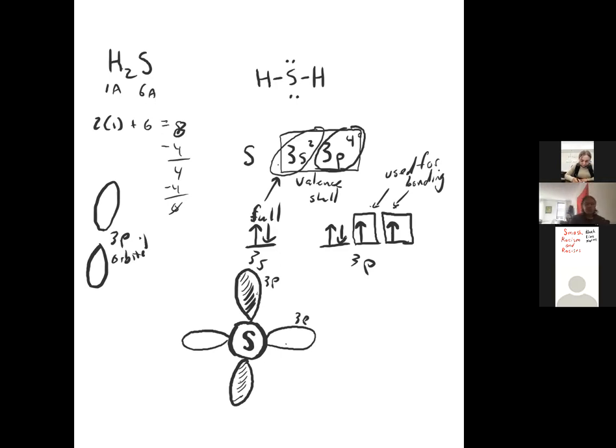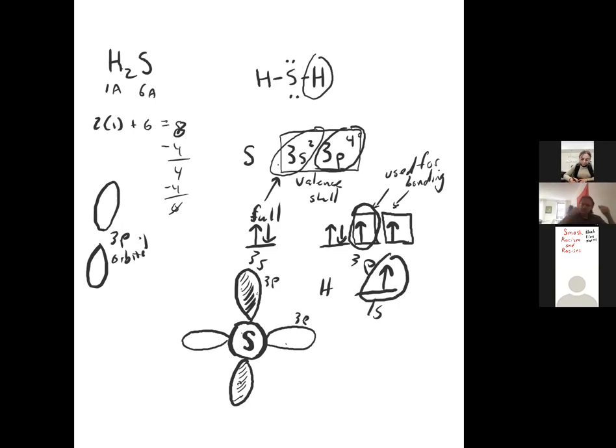Okay, so here's what we'll claim happens. We're going to claim that one of these orbitals is going to overlap with the 1s orbital from a hydrogen atom. So remember, hydrogen only has one orbital, 1s, and one electron. So essentially, this orbital here overlaps with this orbital here.